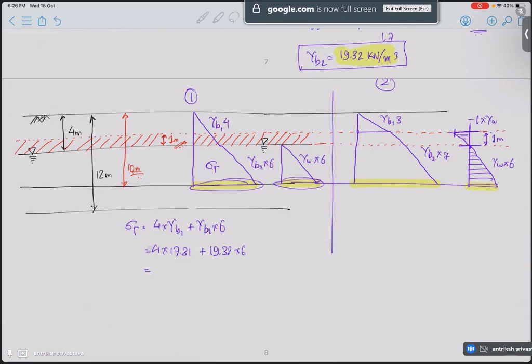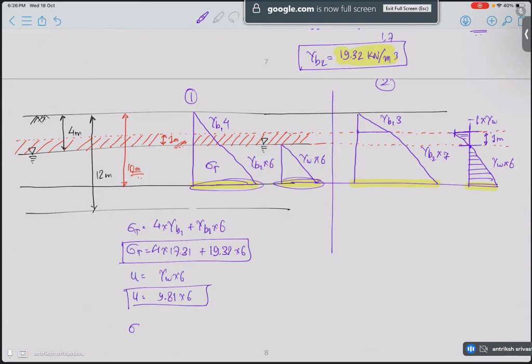Let's just write here sigma T. We'll only calculate once when we are calculating our effective stress. So this is your sigma T. And what is your pore water pressure U? That is gamma W into 6. So U is nothing but 9.81 into 6.